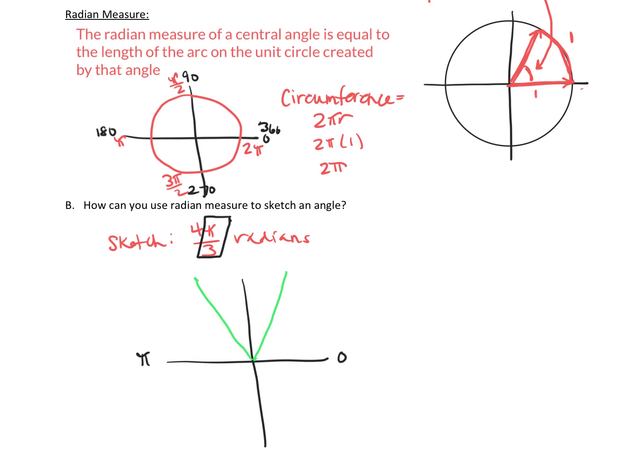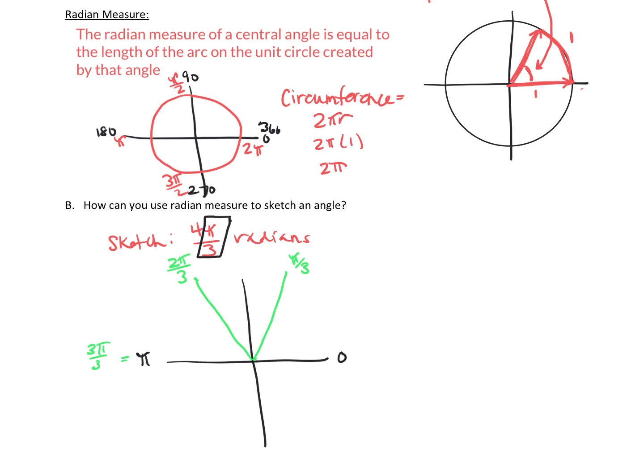So if I were to write out those angle measures, this is pi over 3, this is 2 pi over 3, and then this is 3 pi over 3, which simplifies to just pi. So are you guys seeing, I'm just taking pi and dividing it into thirds. Here's 1, 2, 3.